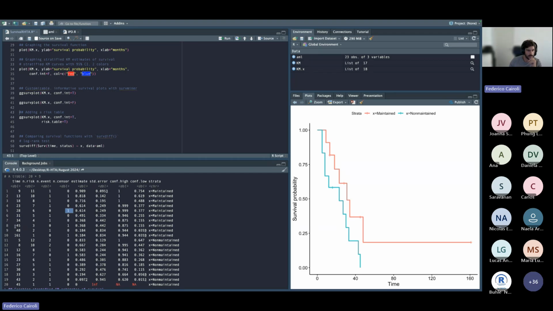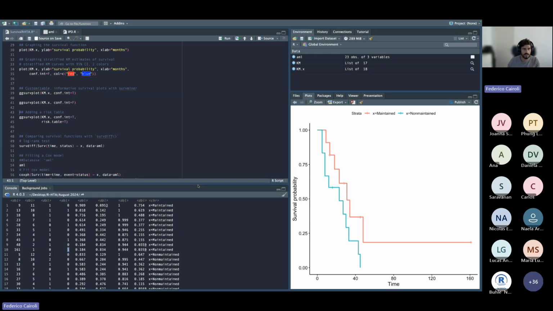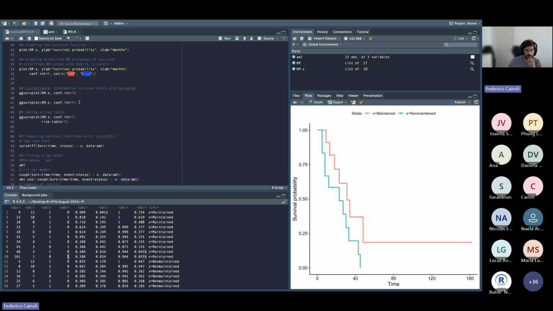We have one censoring here, 45, which is this one, if I'm not wrong, and 160, 161, which is this one. And the same for the comparator. You're going to find these censored patients using these marks. So in that sense, this specific plot is better.